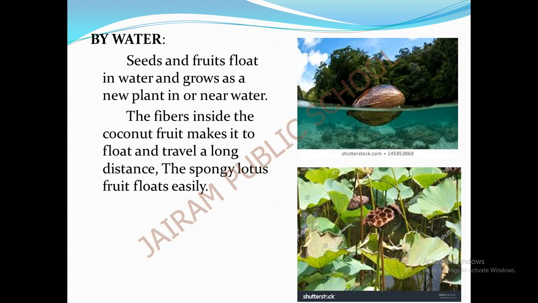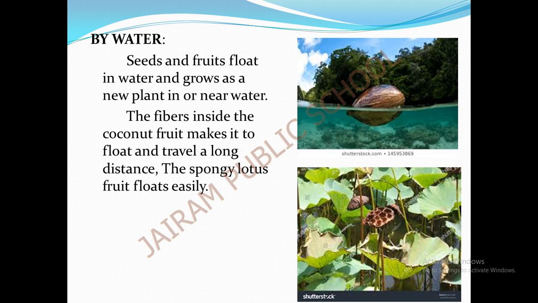The coconut fruit is hollow inside, and it has a thick fiber coat. The coconut which we use in food has a thick fiber coating around it, so it helps the coconut to float from one place to another.